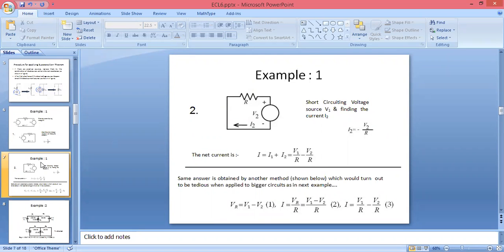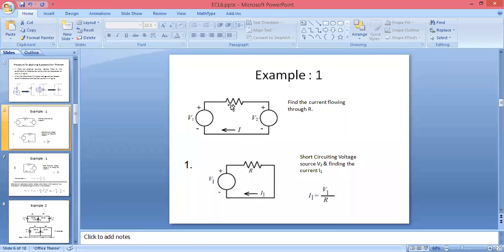So for this circuit the net current will be the addition of these two, I1 plus I2.